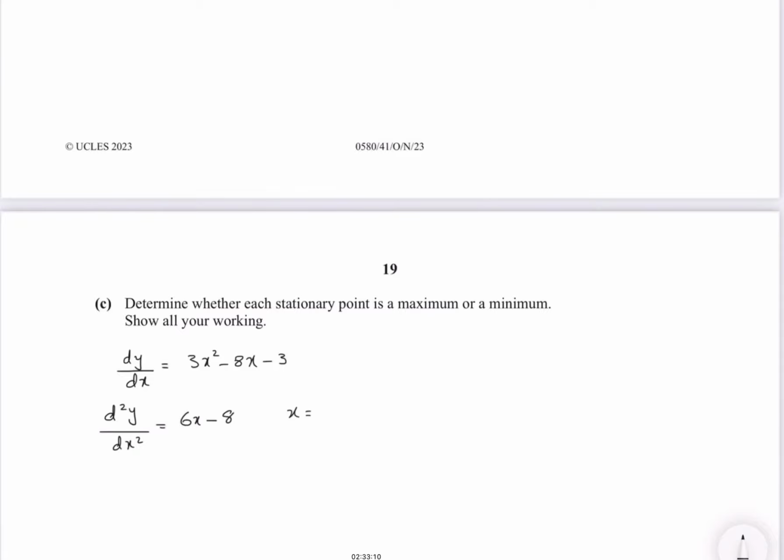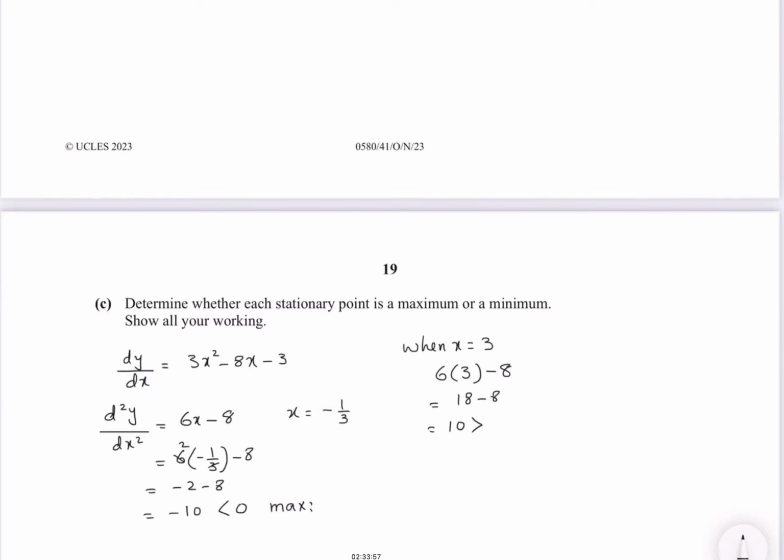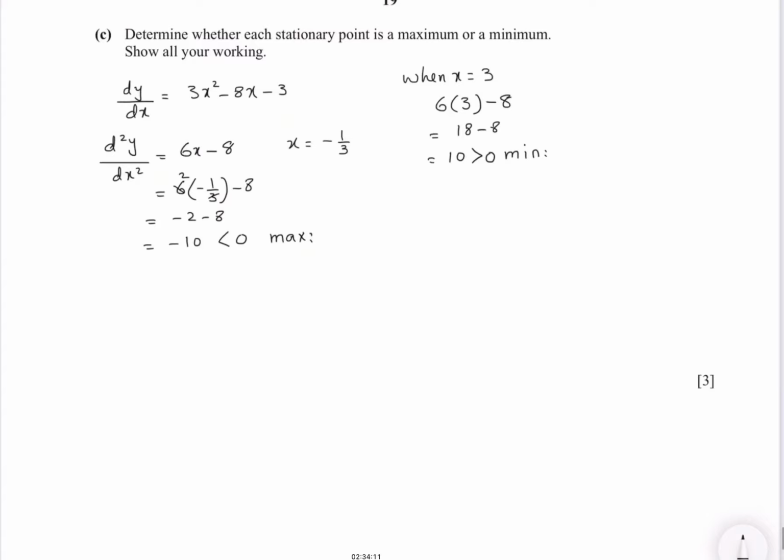Now put the value of x, minus 1 over 3, in this. So your answer is negative 10, which is less than 0, so it's a maximum. And now put the value of x, which is 3, in the second differentiation. So your answer is 10, which is greater than 0, so it's a minimum.